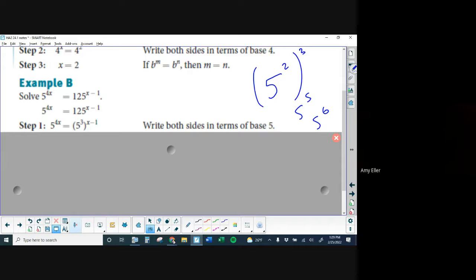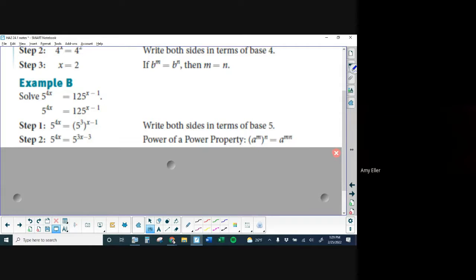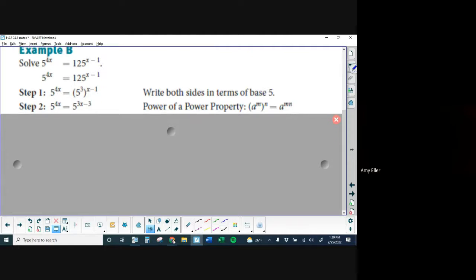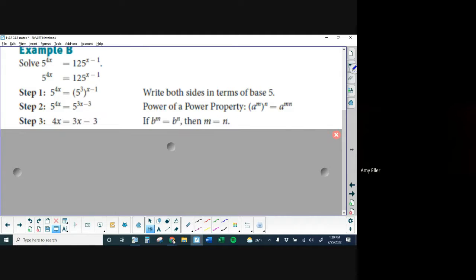Multiply, yes. So I have to multiply the 3 with x minus 1, which is 3x minus 3. I get the same base. Then I had to deal with a power to a power, which is multiply. They now both have a base of 5. So the exponent 4x must equal the exponent 3x plus 3.